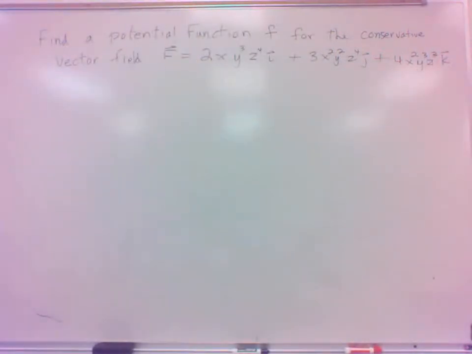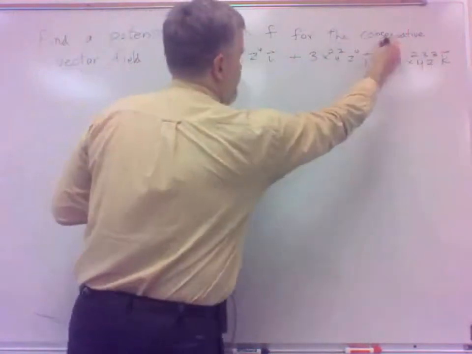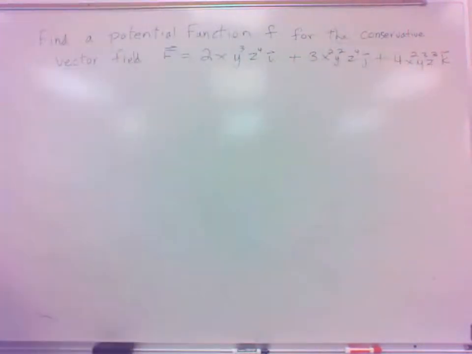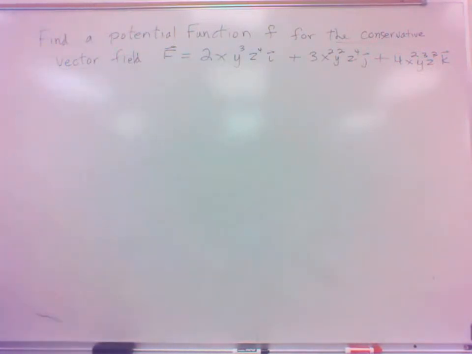Okay. Now, one big note for this. I did say this is a conservative vector field, and we haven't proved that this is a conservative vector field because we haven't talked about how we know if a three-dimensional vector field is conservative. There's several parts you have to show.